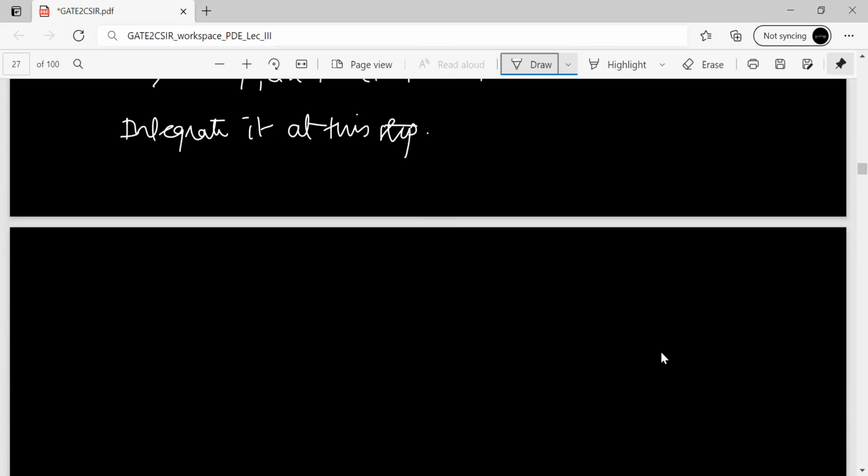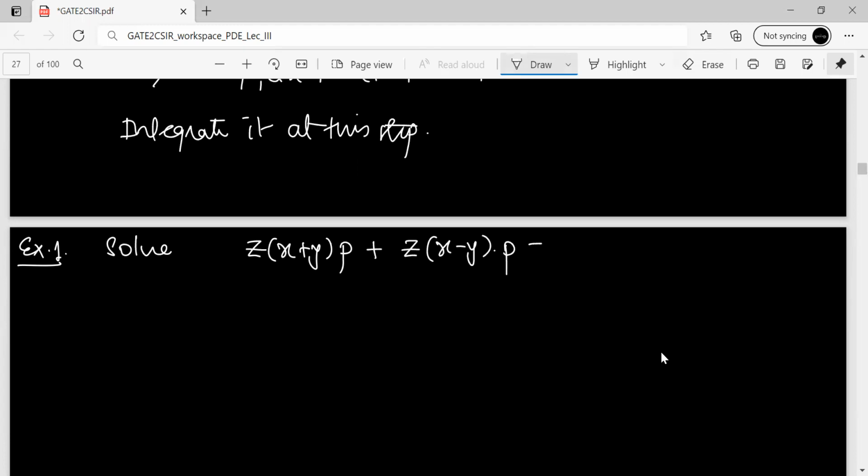Let me take a simple example to understand what I have been saying throughout. Example 1: solve this PDE: z times (x plus y) p plus z times (x minus y) q equals x square plus y square.